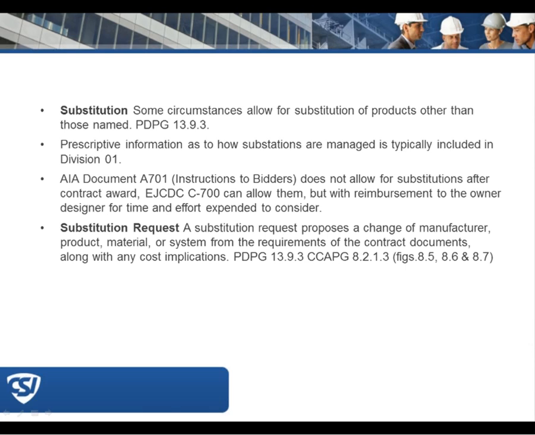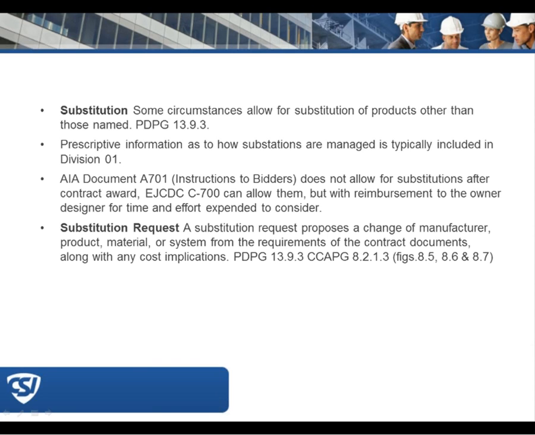As Doug talked about, a substitution request typically is a request to change a manufacturer, some product, material, or perhaps a system from what was included in the documents, and many times it does have some cost implication, and what you see on the screen there are where these references are in the various practice guides.